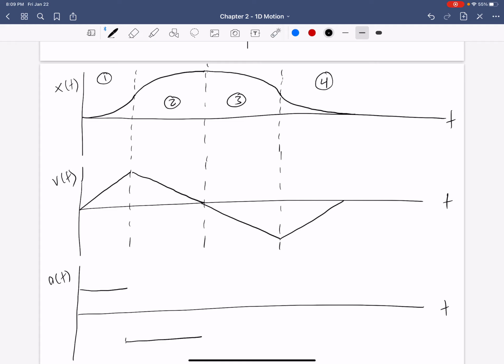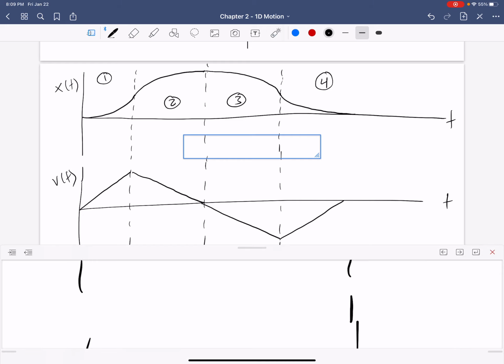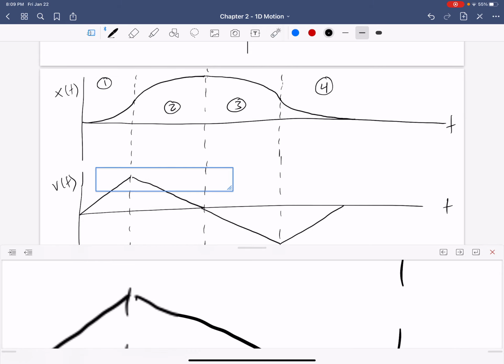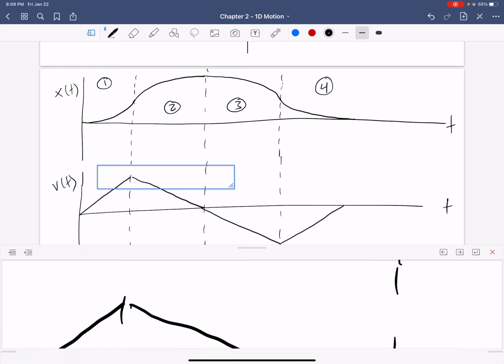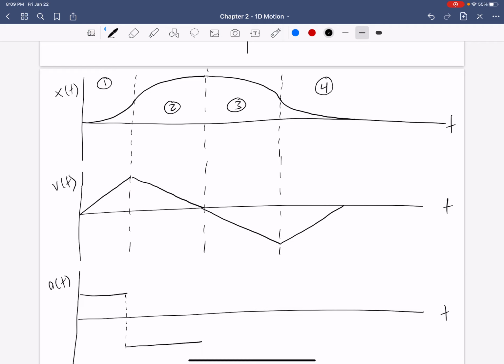There's a discontinuity in the a of t graph, right? And again, yes, I know, right here, it should be how do I draw it? Should be a tiny little curve, right, at that point, which means that this should be, right? It's not technically a discontinuity, but for all intents and purposes, it is, right?